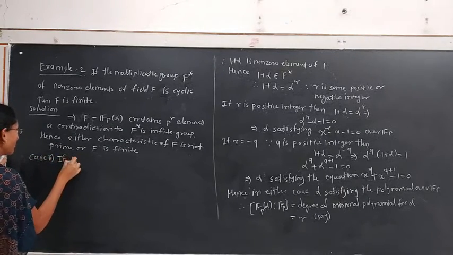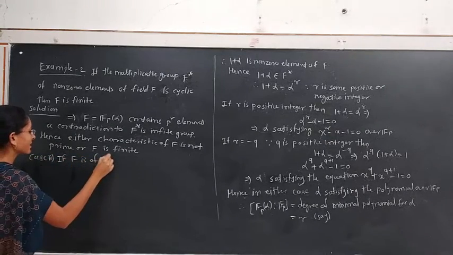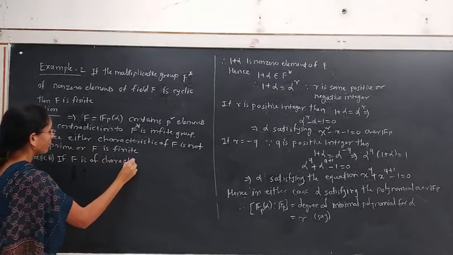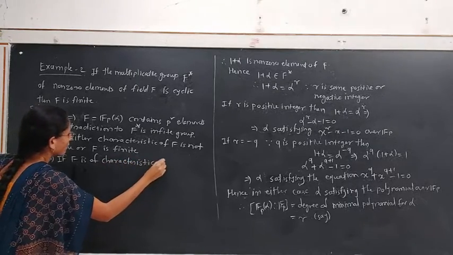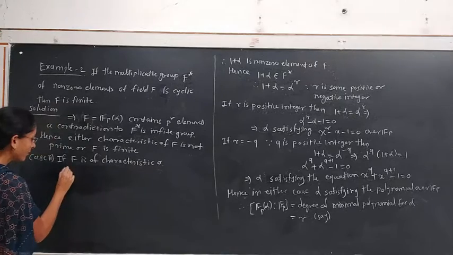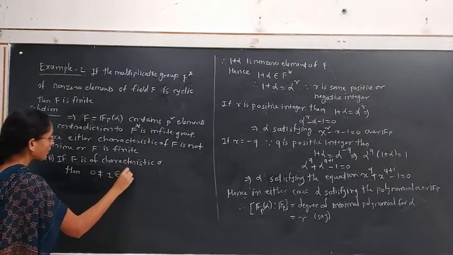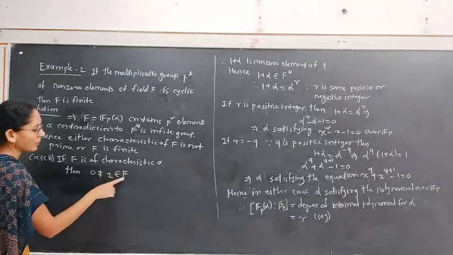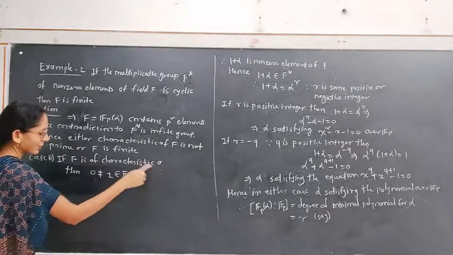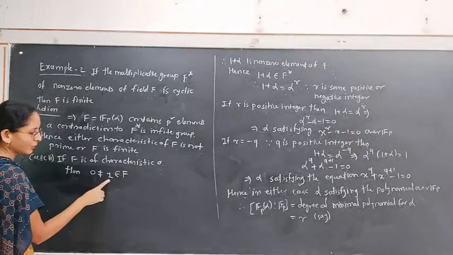If F is of characteristic 0, then 0 is not equal to 1, which belongs to F. 1 is a non-zero element because F is of characteristic 0.